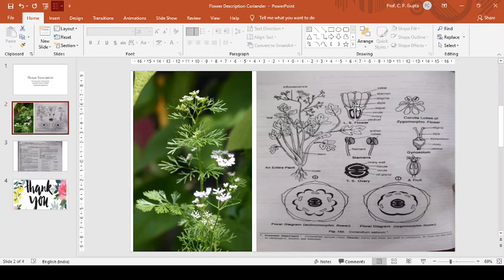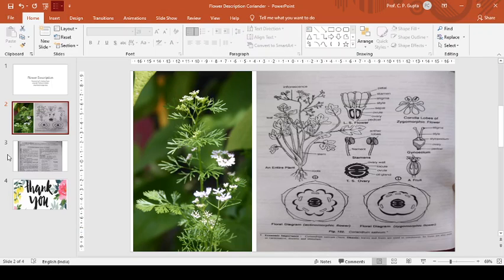This entire plant, LS flower, corolla lobes that show the zygomorphic flower. This is gynoecium, which is showing inferior ovary. These are stamens. This is TS ovary. This is fruit, and these are floral diagrams of both the flowers, that is actinomorphic and zygomorphic.